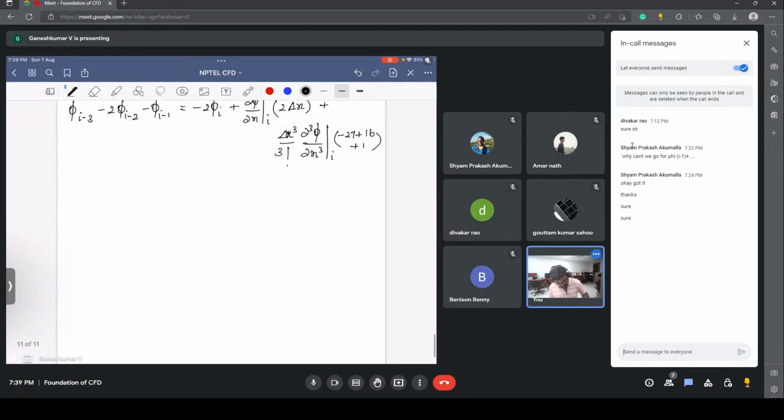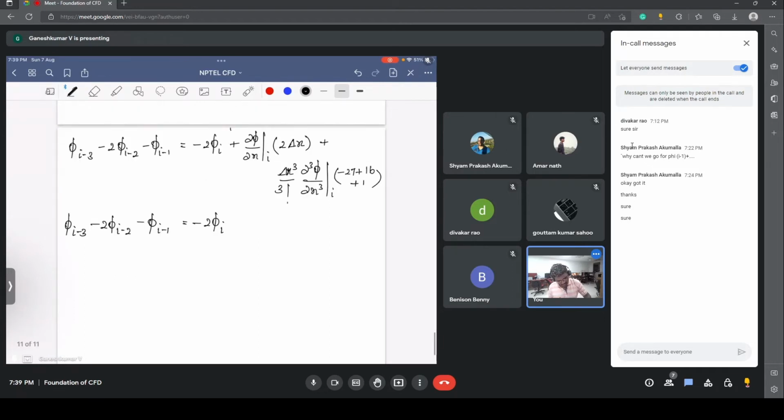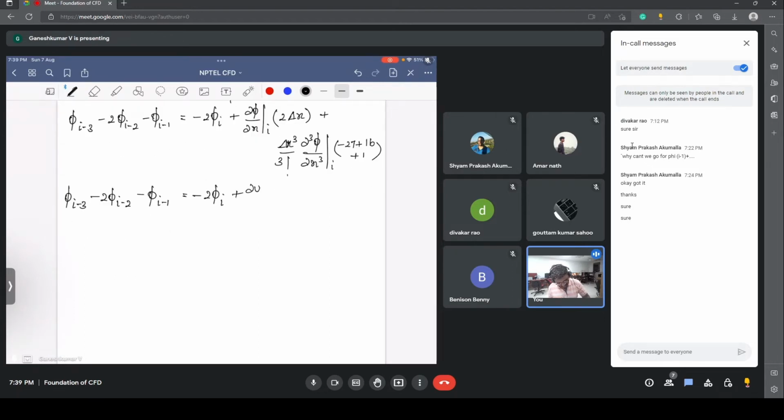So let's simplify this equation also. Phi i minus 3 minus 2 phi i minus 2 minus phi i minus 1 is equal to minus 2 phi i, plus dou phi by dou x at i into 2 delta x plus or minus 10 delta x cube by 3 factorial dou cube phi by dou x cube at i.